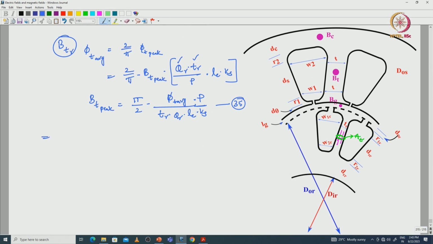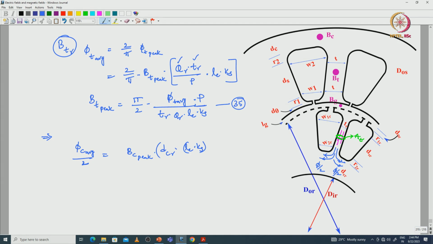Next, flux density at the back iron. If we see here, the flux per pole is dividing into two parts in the back iron. This side phi by 2 and this side phi by 2. So, to find the flux at the back iron, phi C average by 2 is equal to, directly we can represent in terms of BC peak into area, which is nothing but DCR into LE into Ks.